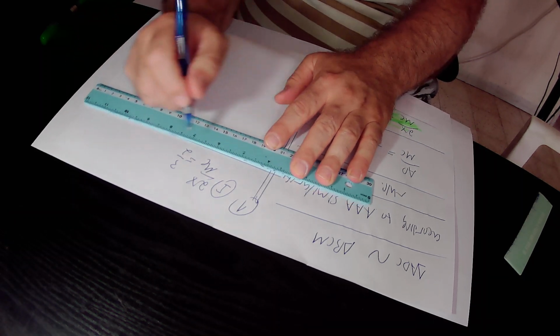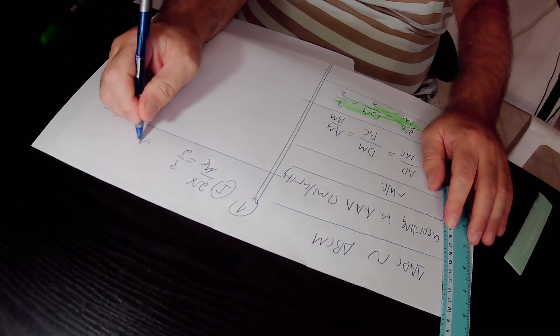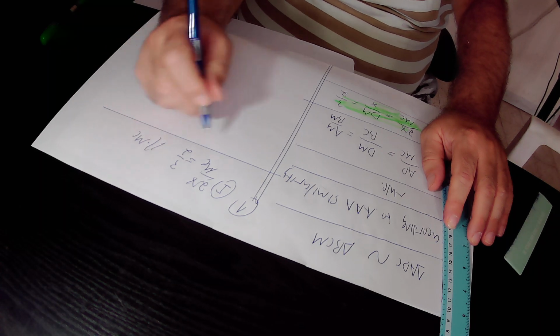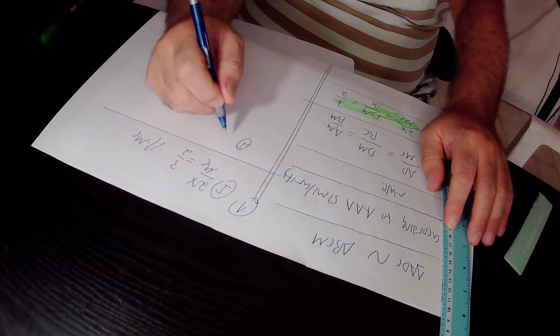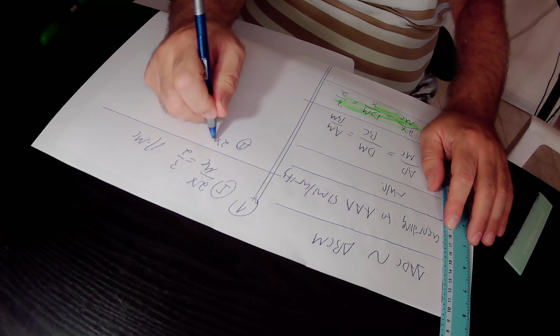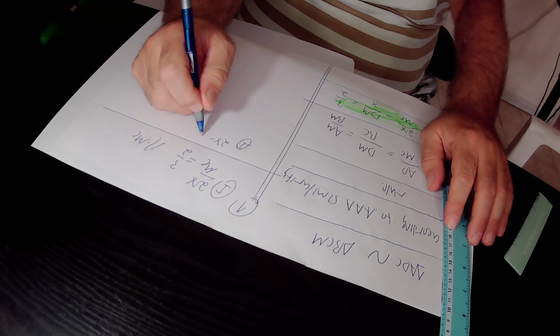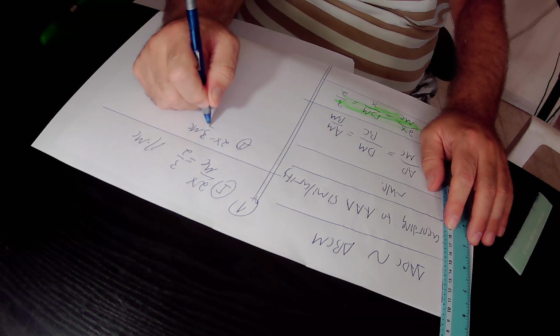Here we will multiply this equation by MC, and we get that 2x equals 3 times MC over 2.